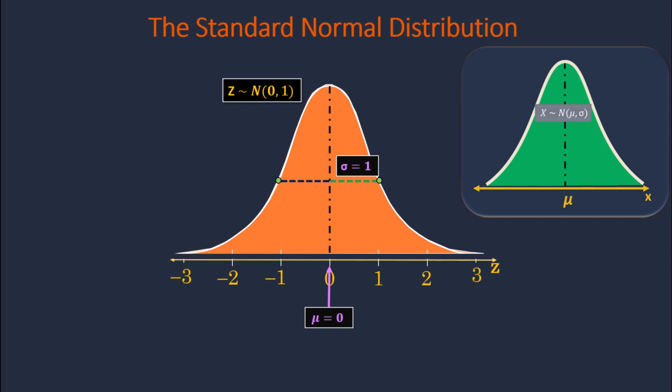And the mean and sigma also depend on the value of x. But in the standard normal distribution case, the mean is always 0 and the standard deviation is always 1. Therefore, the normal distribution with mean 0 and the standard deviation 1 is called the standard normal distribution.